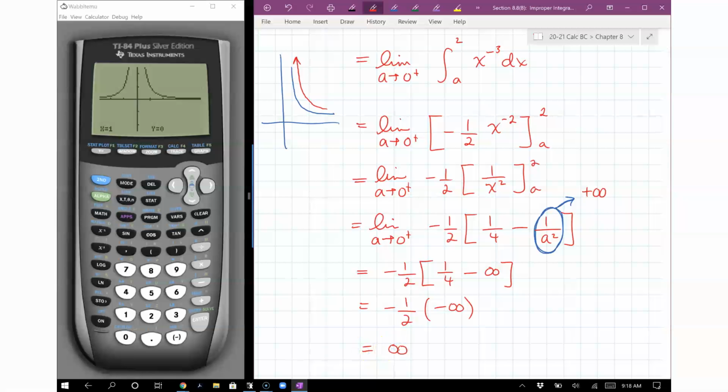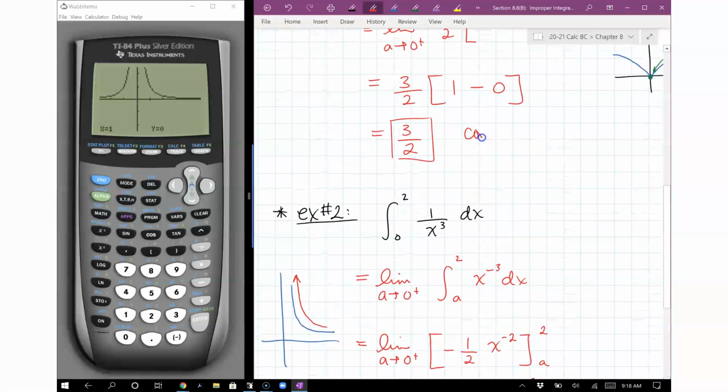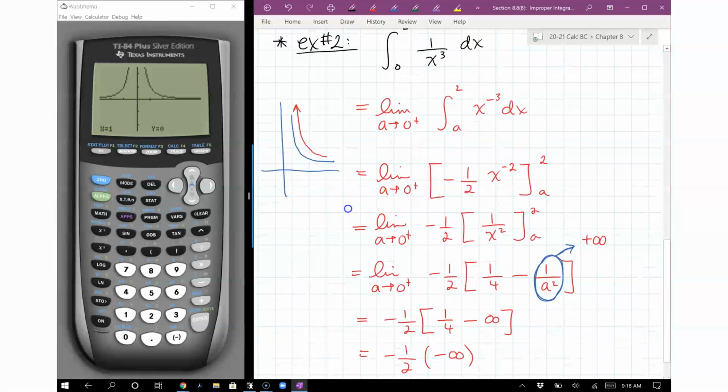Okay, this diverges. It has no actual area that can be found within that interval that they're giving you. Okay, it's infinite. And that's okay. There's nothing wrong with that type of answer. The one up on top, we had a convergent answer, right? We could say this converges. If they ask you whether it converges or diverges, that one converges.